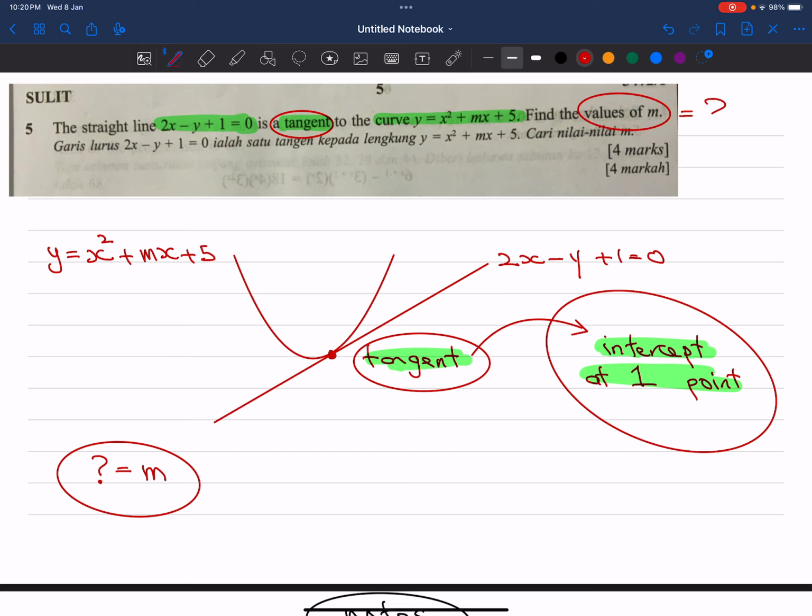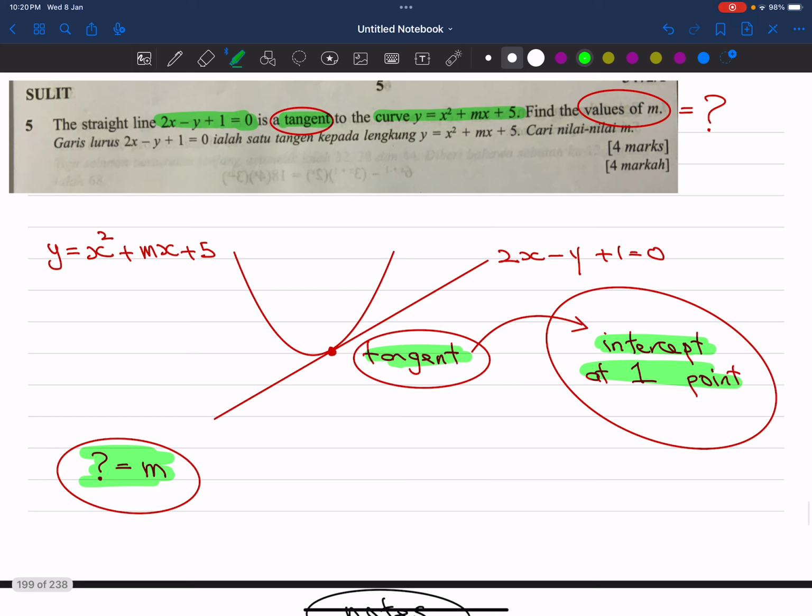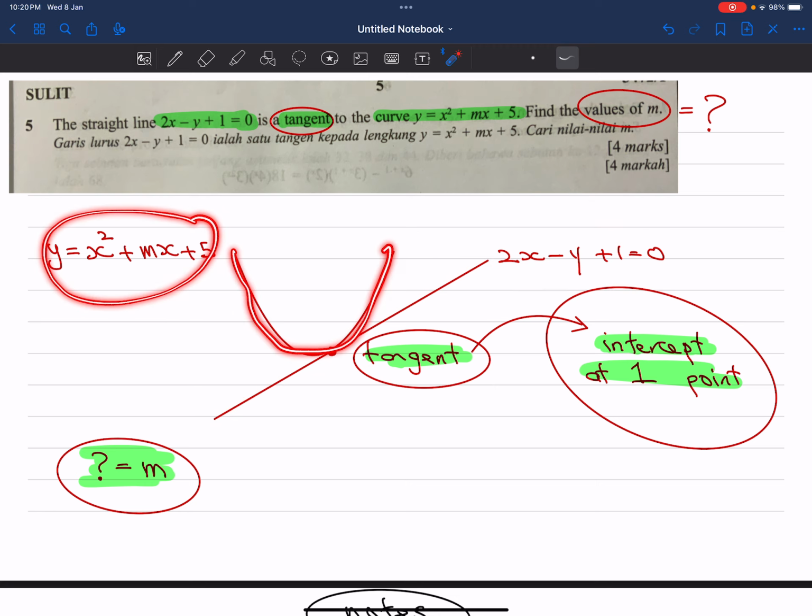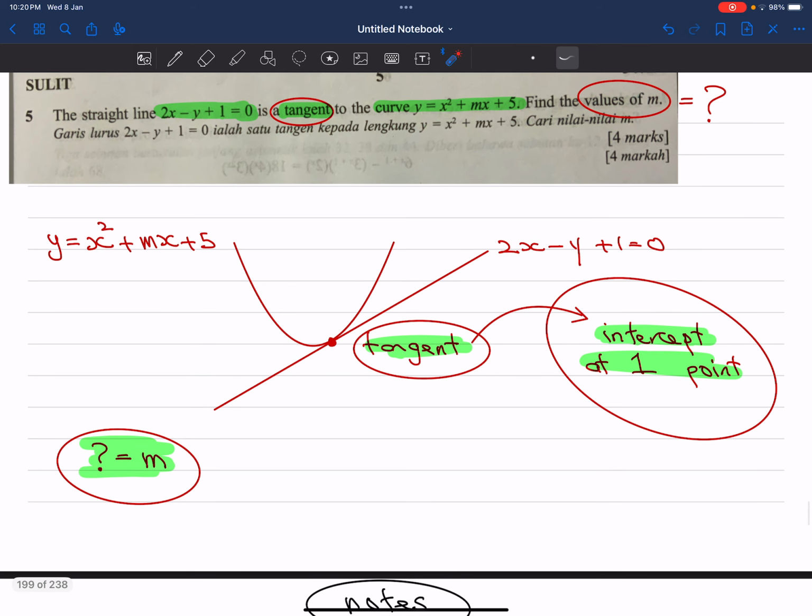So as usual, we are going to start from what they ask, m. Okay? Now make sure you draw the diagram of the straight line with the equation, the curve with the equation, and intersect at one point. As you see here, if I want to find m, I must go to the information involving m.